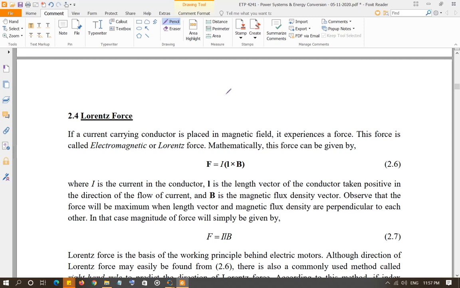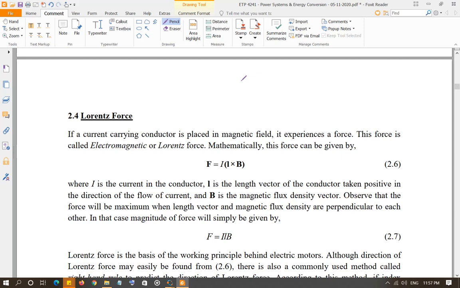When these two fields interact, the coil experiences a force, and if the coil is free to rotate about an axis, then a torque is produced which will turn the coil about the axis either clockwise or counterclockwise, based on the direction in which the force is acting. That's what we call the Lorentz force.